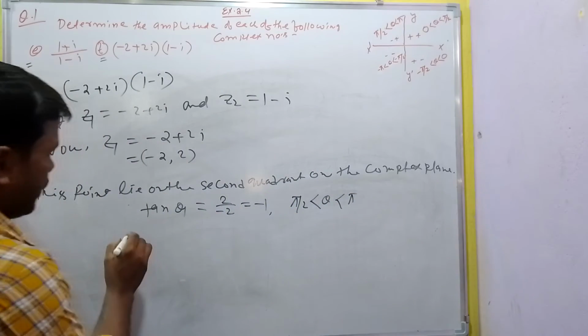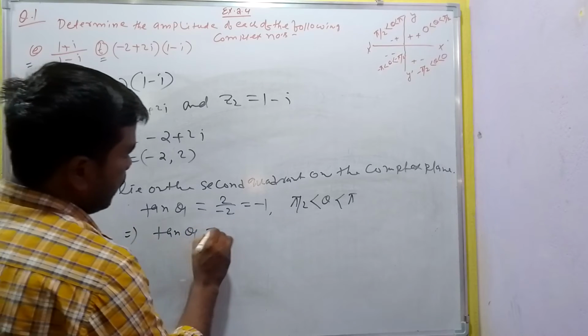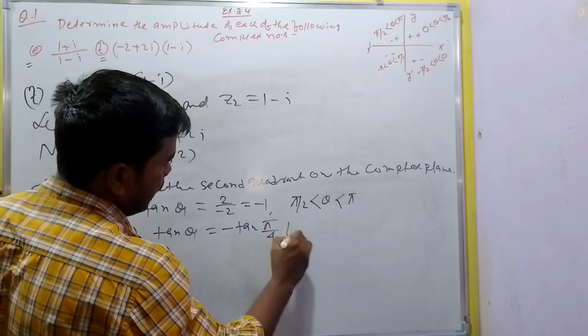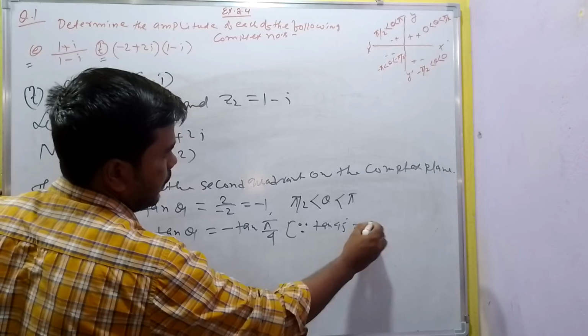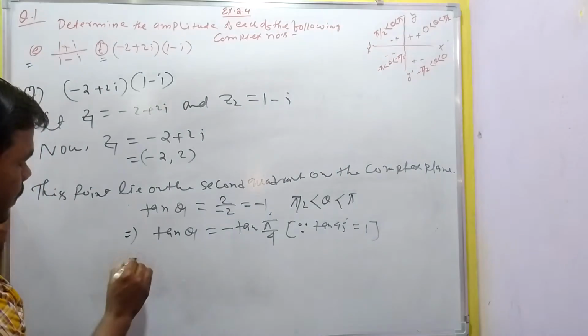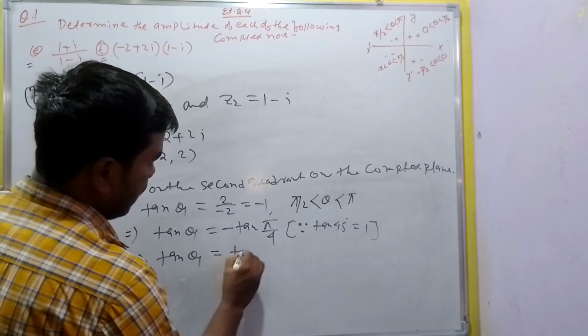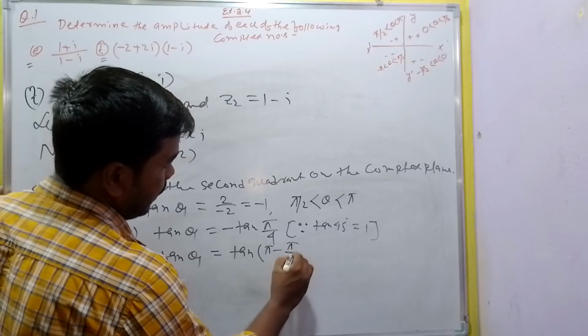So tan theta 1 equals minus tan pi by 4, since tan 45 equals 1. So tan theta 1 equals tan (pi minus pi by 4).